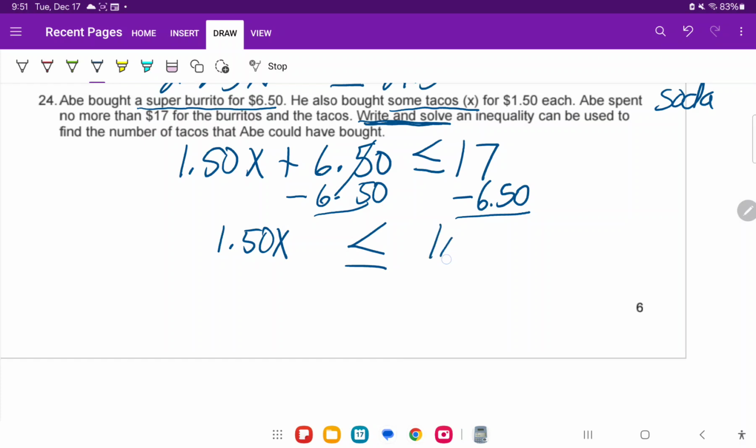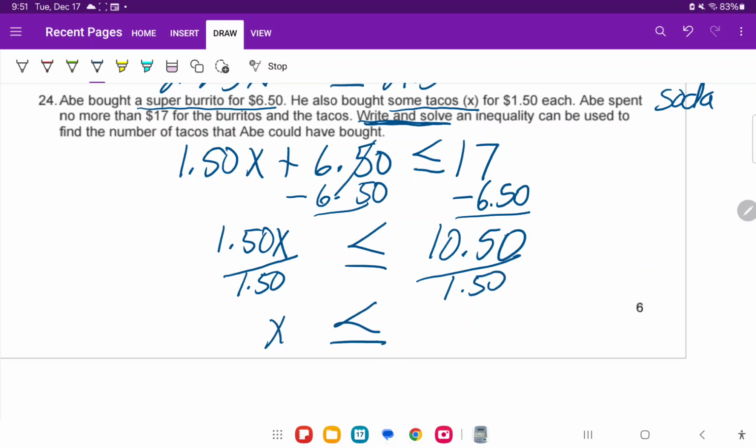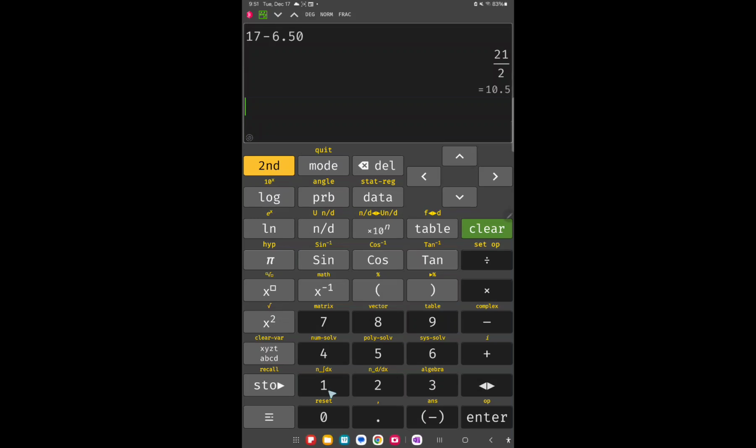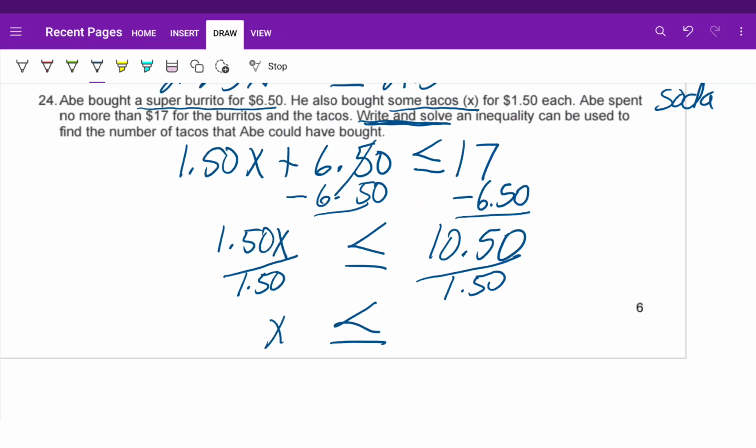All right, so that leaves us with 10.5 right there. Okay, so then to get the X totally by itself, we'll divide by $1.50. So the number of tacos is going to be less than or equal to 10.50 divided by $1.50. And so that is exactly 7.